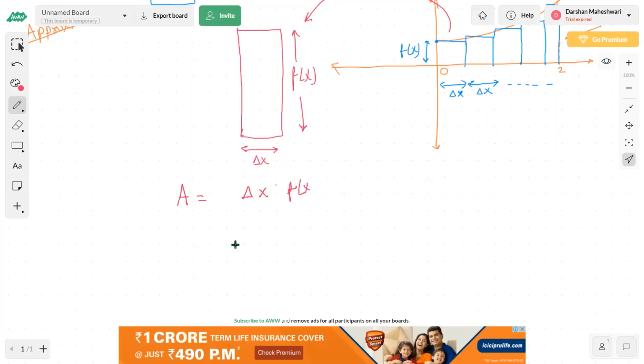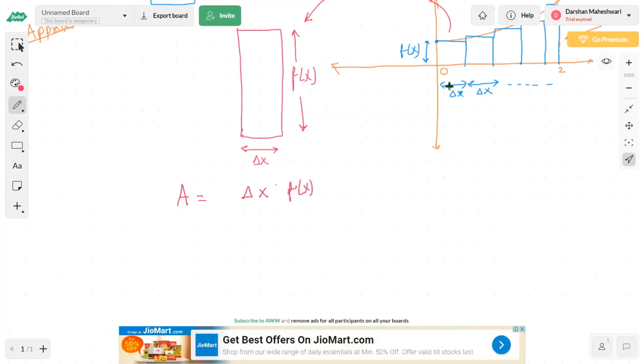But we are not just interested in one rectangle. We have to find the sum of the areas of all the rectangles. So total area comes out as, we put a sigma over here. We write delta x times f(x_i), where the value of i ranges from 1 to n. So this is the formula for the total area.